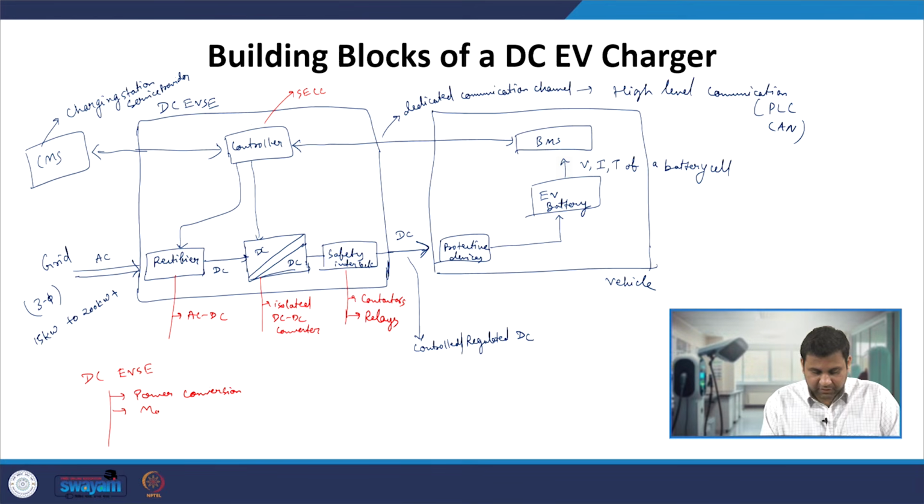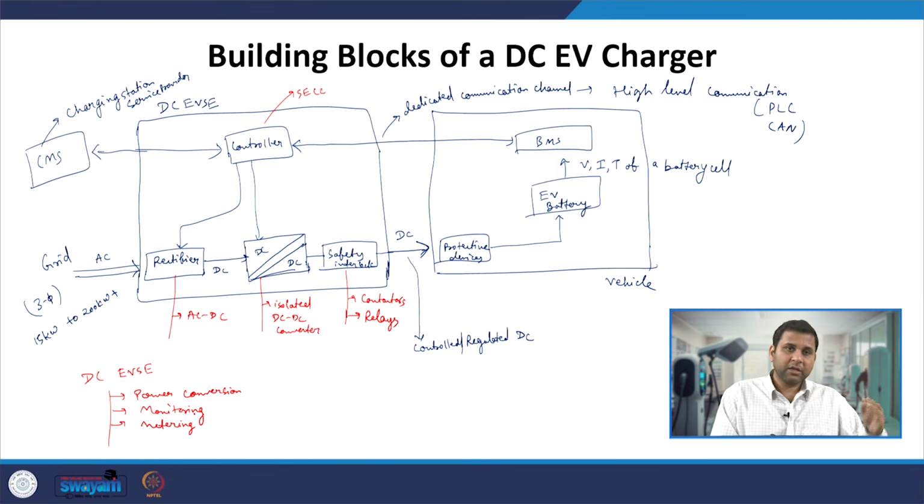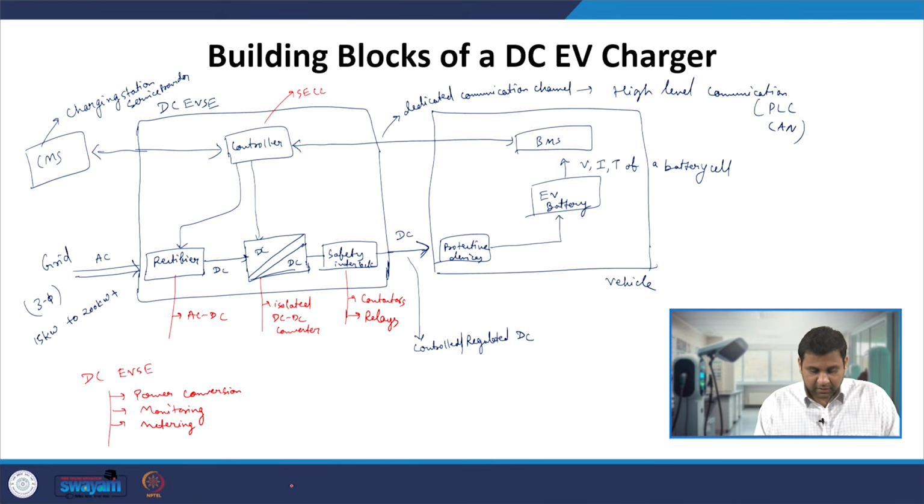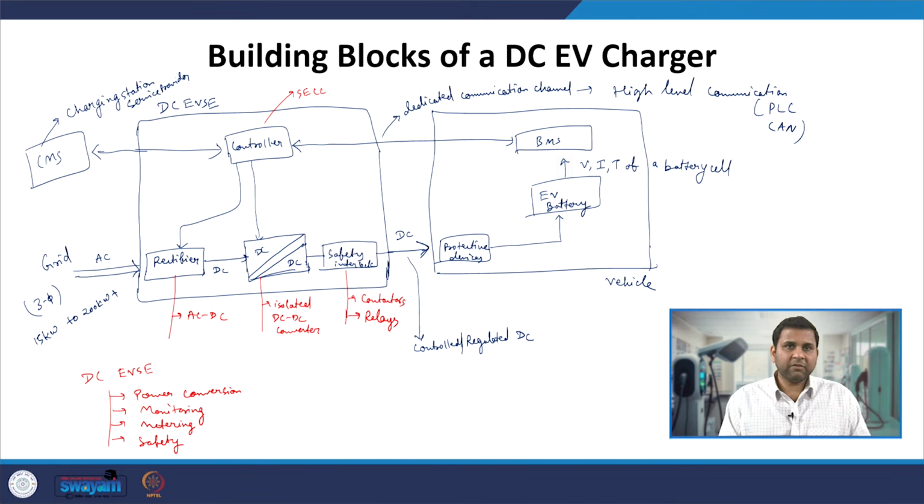The second thing is continuous monitoring and metering. For metering purposes, information will be exchanged with a central management system, and then again safety precautions in case some fault happens in the vehicle or in the charger.